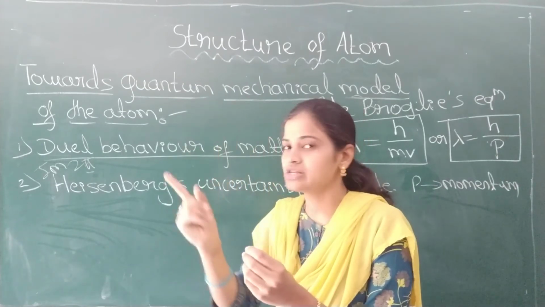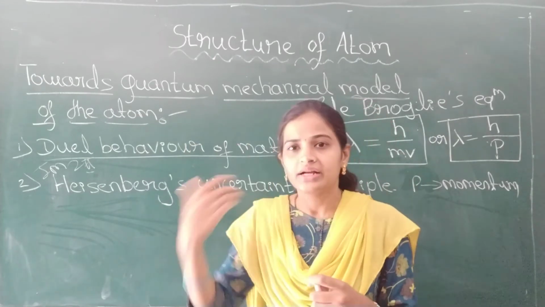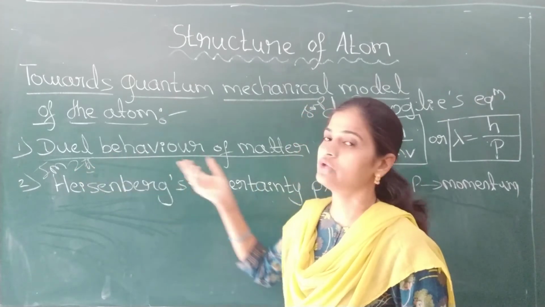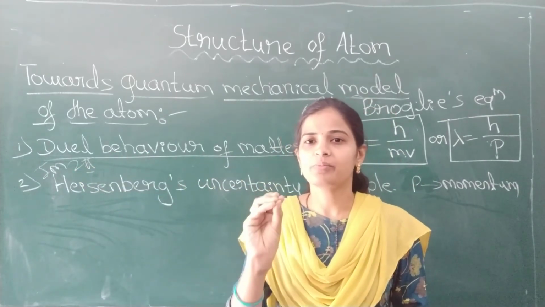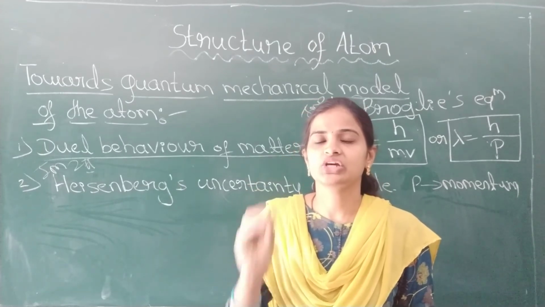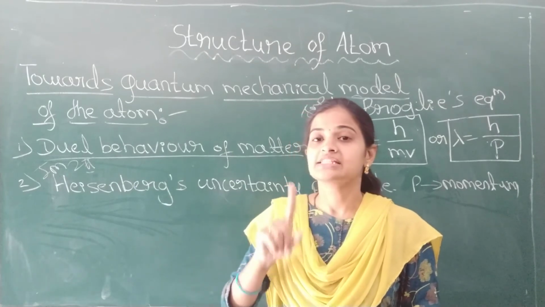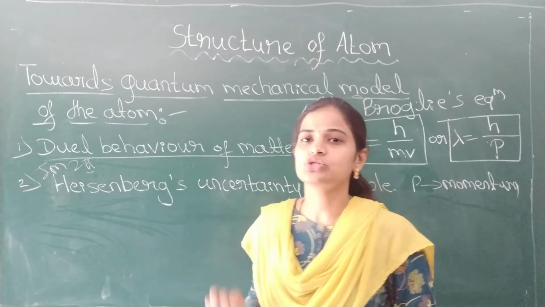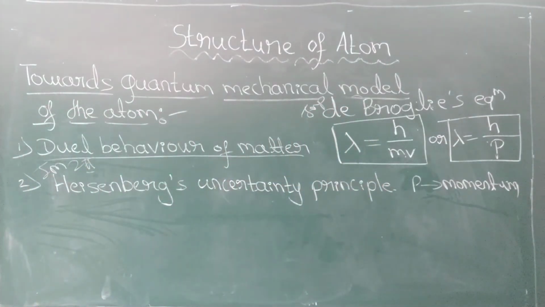But when the dual behavior of matter was discussed, Heisenberg told that, keeping in view the dual behavior of the electron, it is impossible to determine the exact position and momentum of an electron simultaneously.